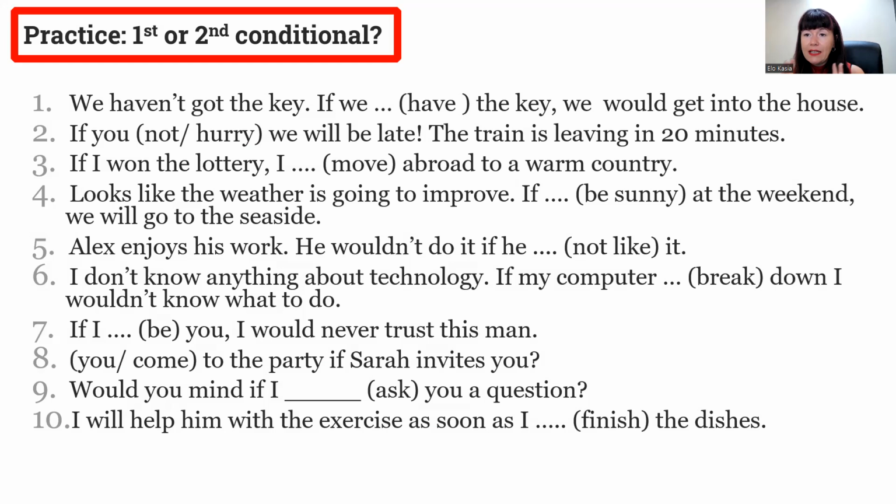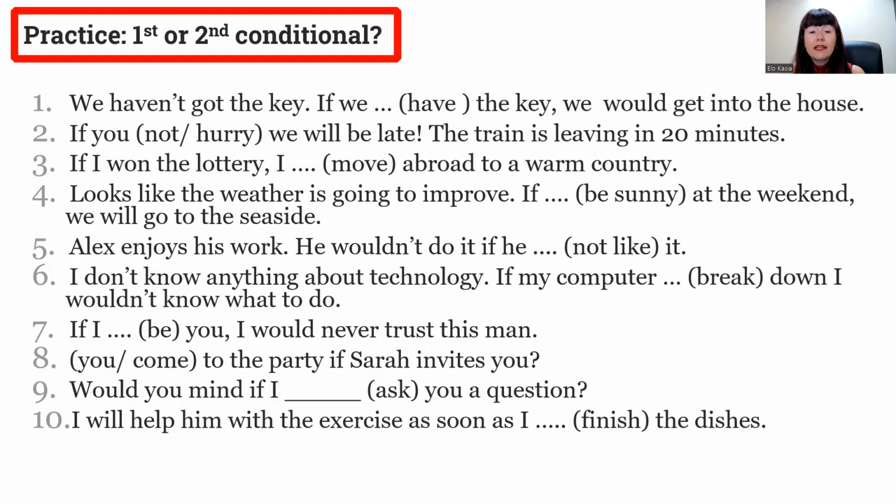So with each sentence, you need to decide how likely or how unlikely it is to happen. "Alex enjoys his work. He wouldn't do it if he not like it." "I don't know anything about technology. If my computer break down, I wouldn't know what to do." "If I be you, I would never trust this man." The next one is a question.